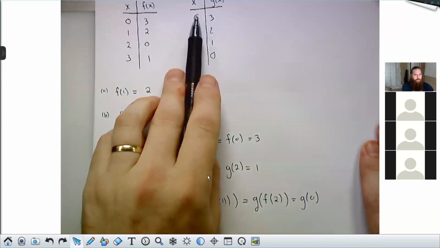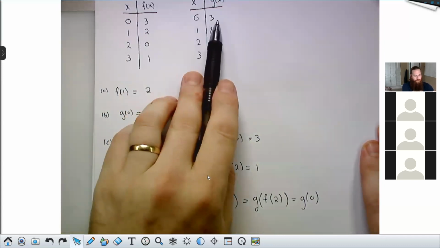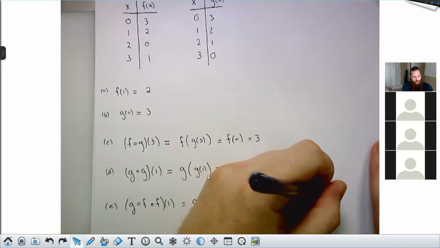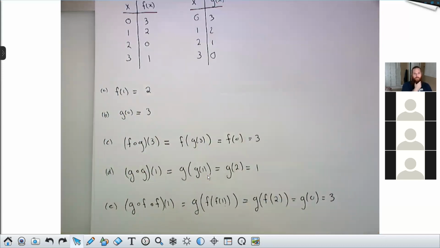Okay, and what's g of 0? That's 3. Not too bad, right? Any questions on this example?